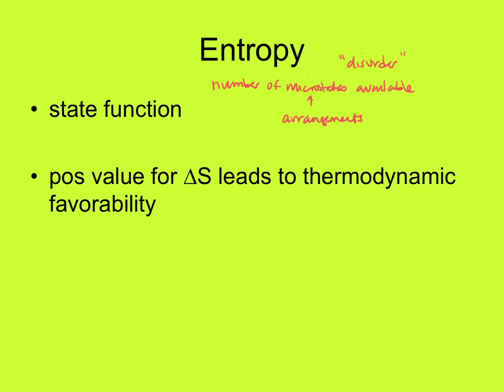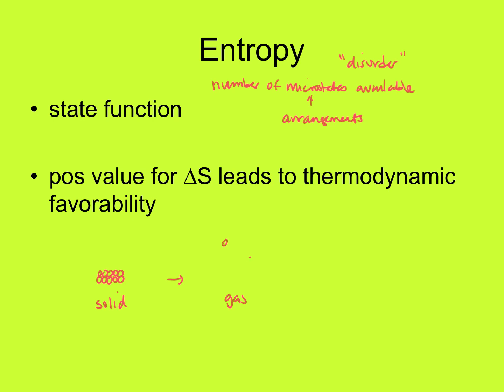An example of an increase in entropy: let's take a look at this one. If you see a solid, and I'm going to draw 10 molecules together, 1, 2, 3, 4, 5, 6, 7, 8, 9, 10, versus, let's say it's going through a sublimation process and going to a gas.